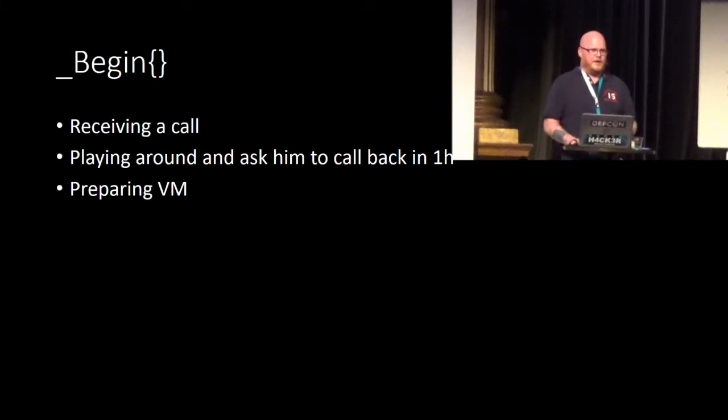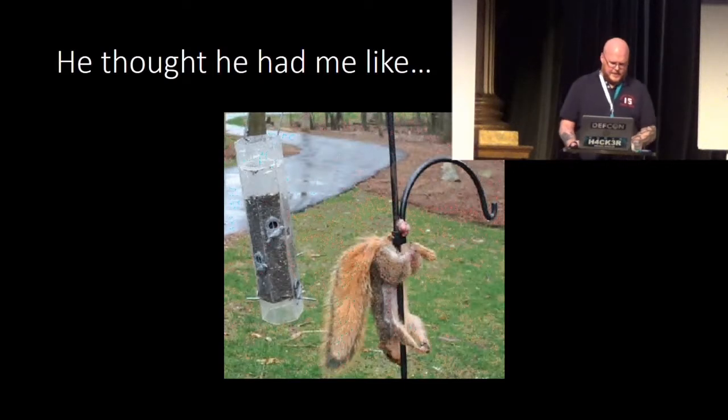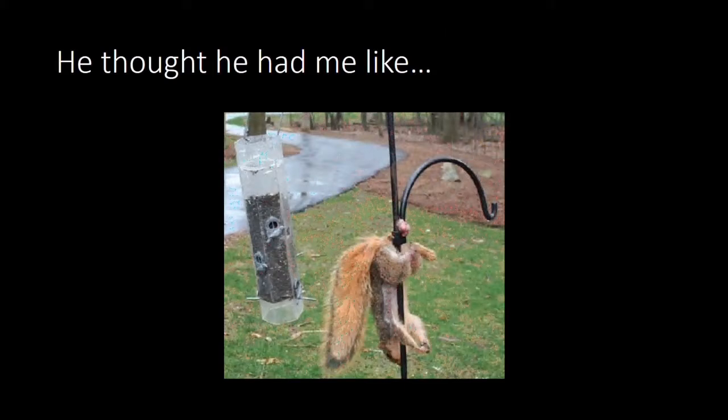I mean, my adrenaline was pumping so hard, I couldn't really think. I thought it was a good idea, but I'm sure I'll make it better next time. And that guy, he was super happy. He thought he had me. Poor creature.